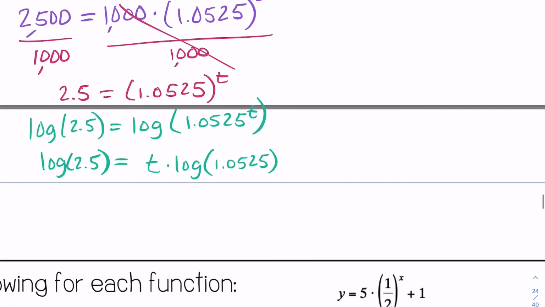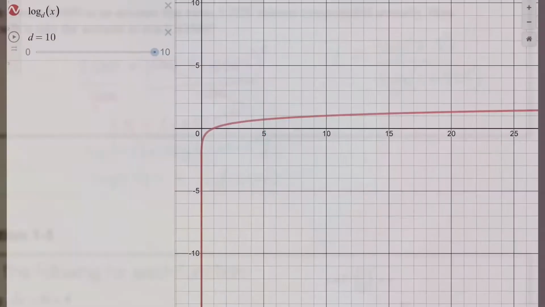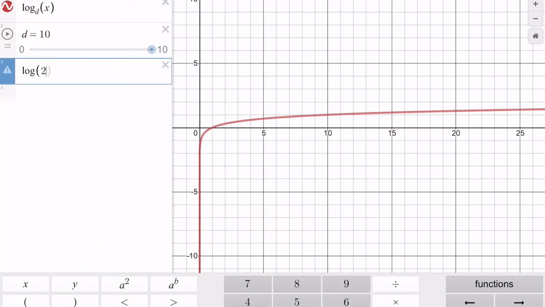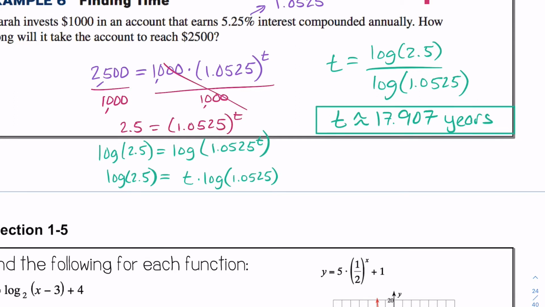I divide both sides, so t is equal to log of 2.5 over log of 1.0525, and it's going to be about 17.907 years, because I compounded it annually.